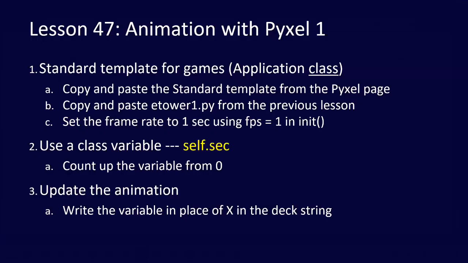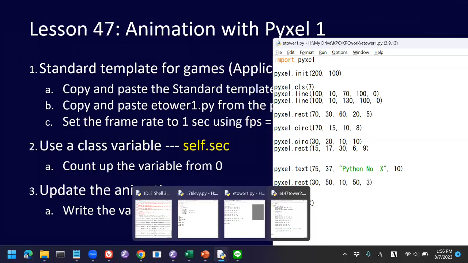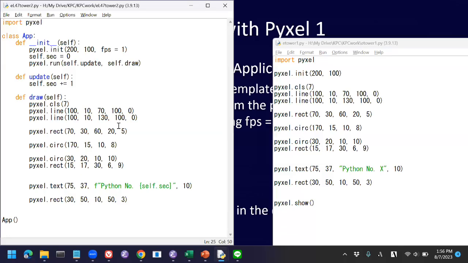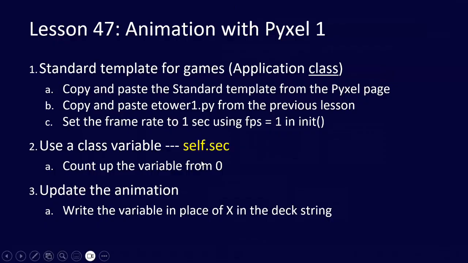So going back to the code, we started by copying the code from here to the new type of code. We copied most of the code to the drawing section. And then we started to use the class variable self, which starts with self dot.